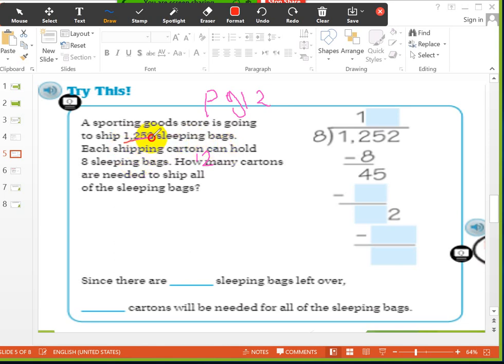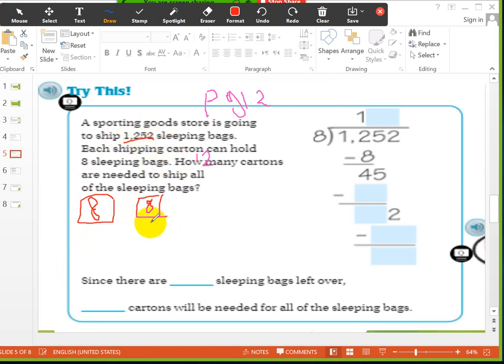So 1,252 sleeping bags, and the sleeping bags will be put in boxes or cartons and shipped. So each carton will hold only 8. In each carton I can put 8, and if I have another carton I will put 8. But how many cartons will I need?